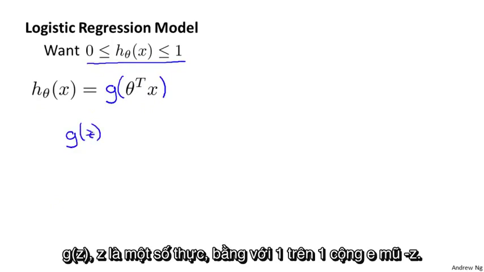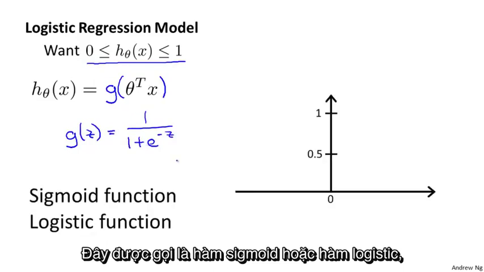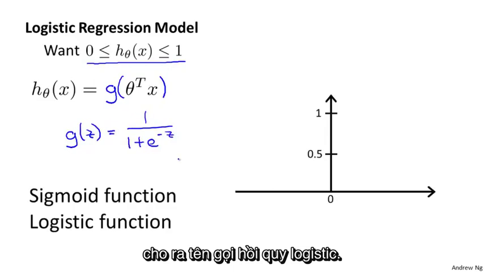G of z, if z is a real number, is equal to 1 over 1 plus e to the negative z.